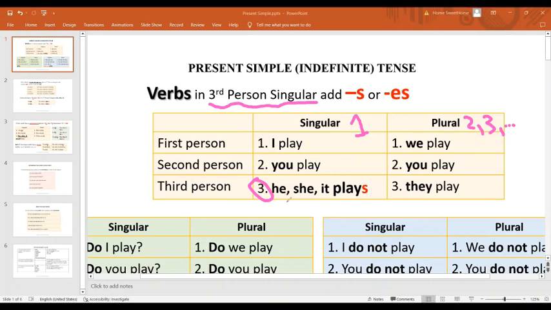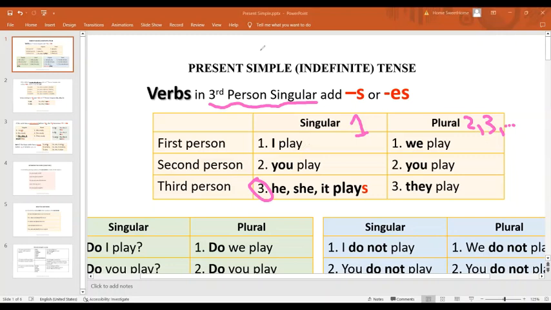So when you talk or tell a story, you have to be very, very careful with this suffix. But you can relax when you talk about other people and use other pronouns.